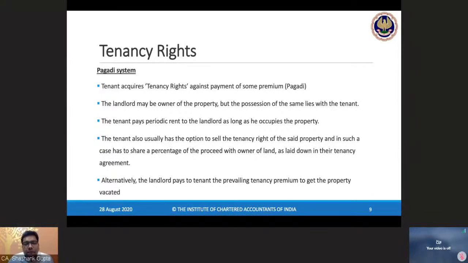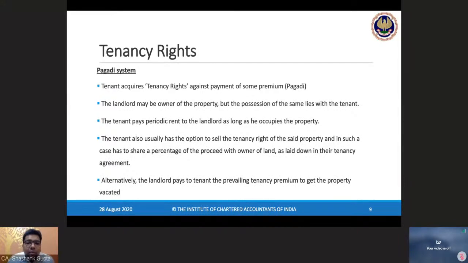Pagadi system meaning that the ownership of the shop remains with me. But the tenancy rights, meaning the right to give that particular property on rent and charge rent, are being sold or transferred to the tenant.